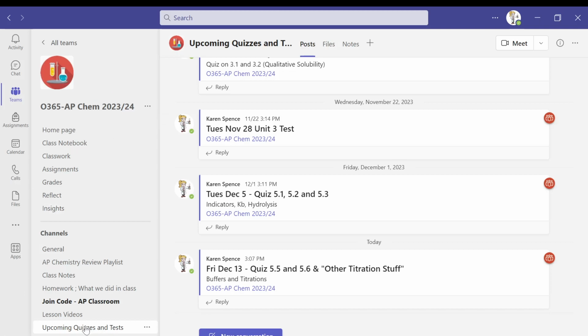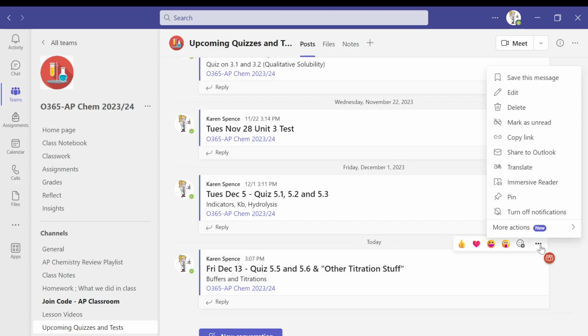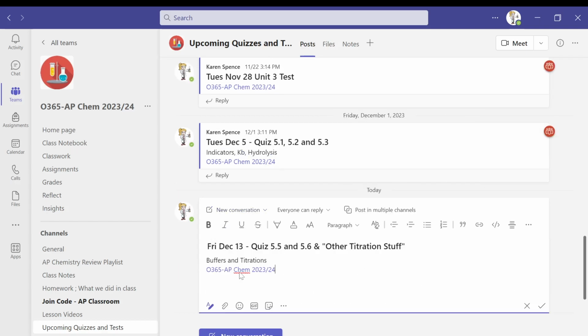So let's go to our upcoming quizzes and tests. 5.5 and 5.6 and other titration stuff. You know the one that I handed out that was stapled that said other titration stuff? Friday, December 13th, 14th, 15th. There we go.